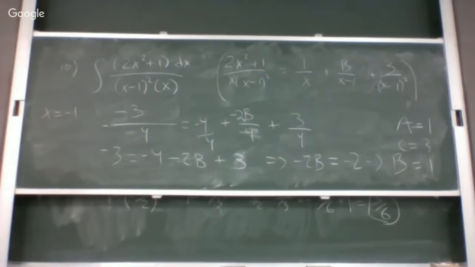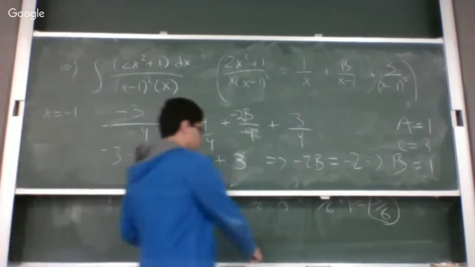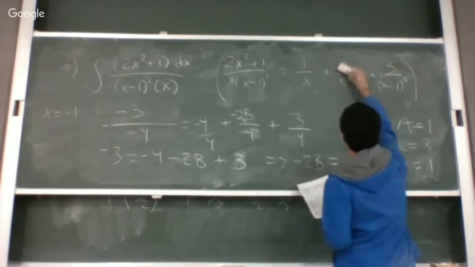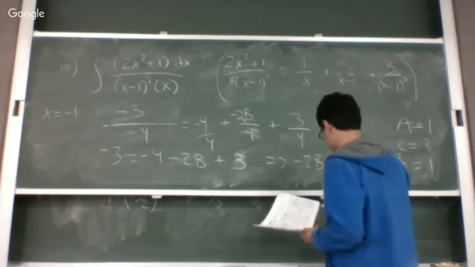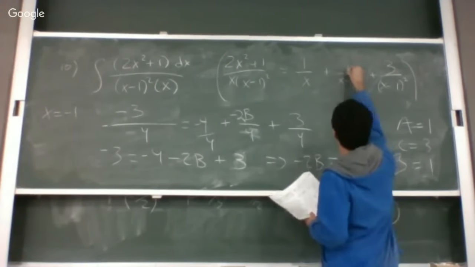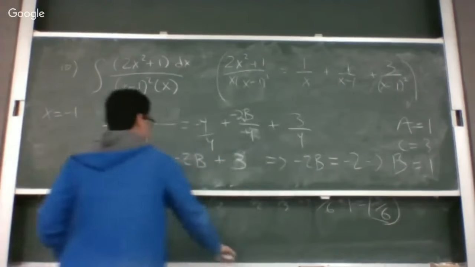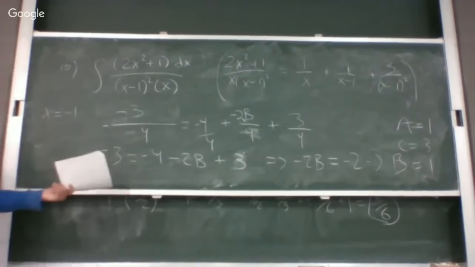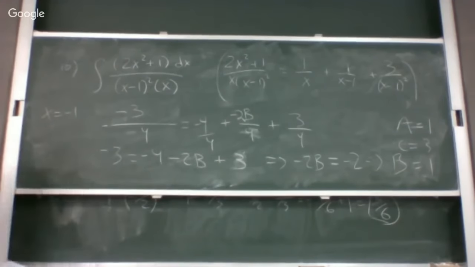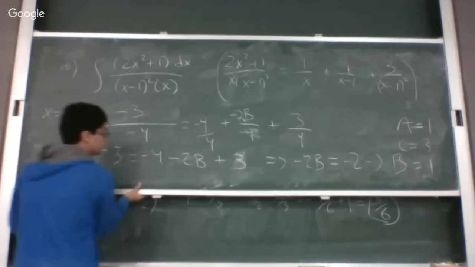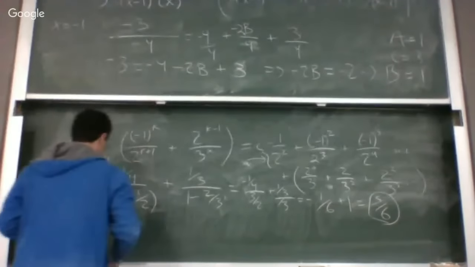Are you guys good with that? And then we can plug in the value for a 1 there. And can I erase this? No? Okay. I'll do it on this.